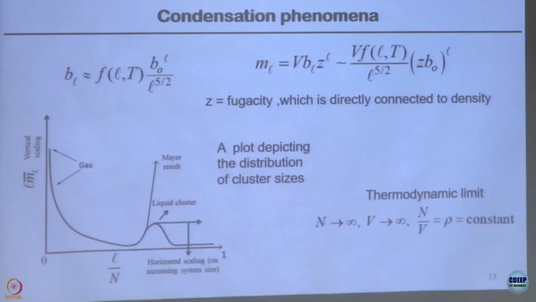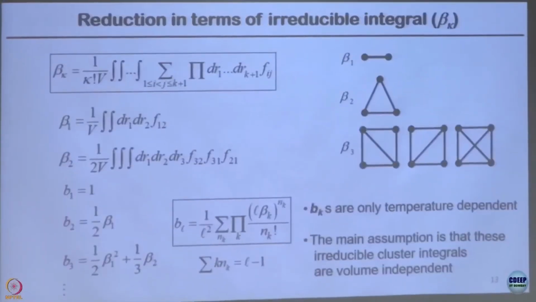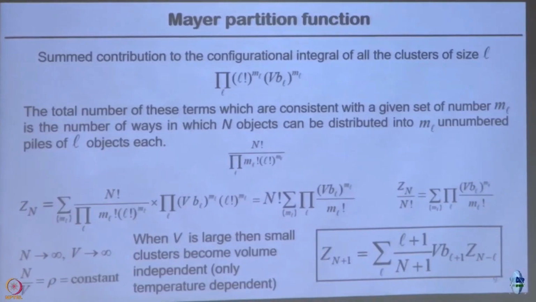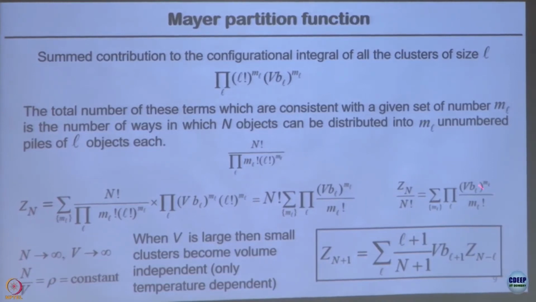Before that, one tiny bit: one can calculate the average number of these clusters by using this. What turned out to be very powerful is that this exact partition function is nothing but a class of polynomials called Bell polynomials, named after the famous mathematician Bell, used in many ways, particularly in the study of zeros of polynomials. That polynomial allows you to write a recursion relation. It is just a bit of good luck.